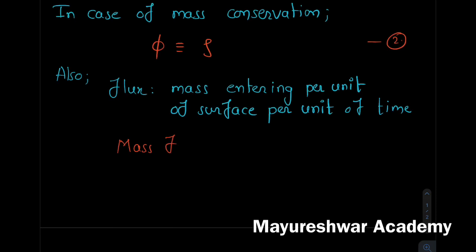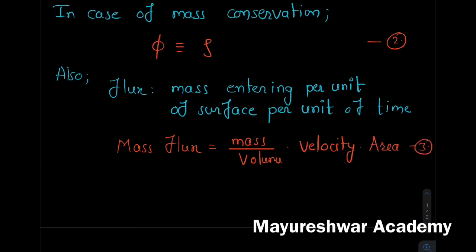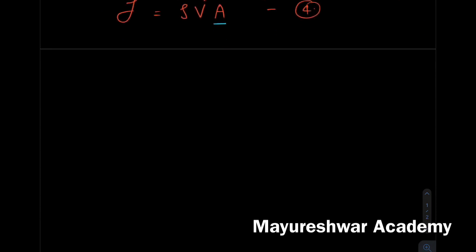Mass flux is naturally mass, in our case per unit of volume because we are dealing with density now, multiplied by velocity multiplied by area. So flux is equal to rho v bar multiplied by A. Now this area needs to be considered.